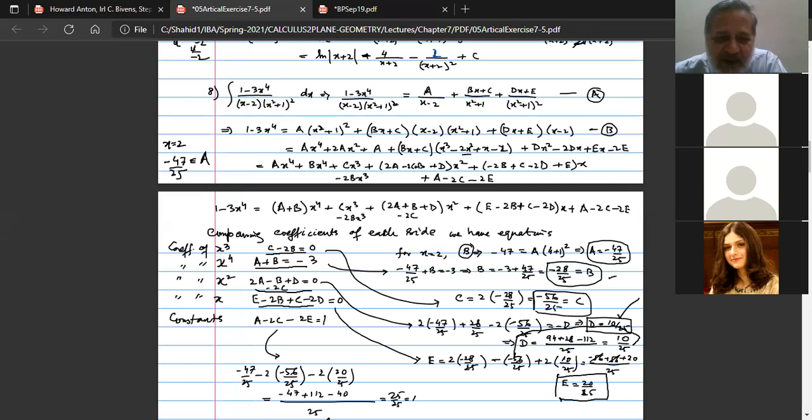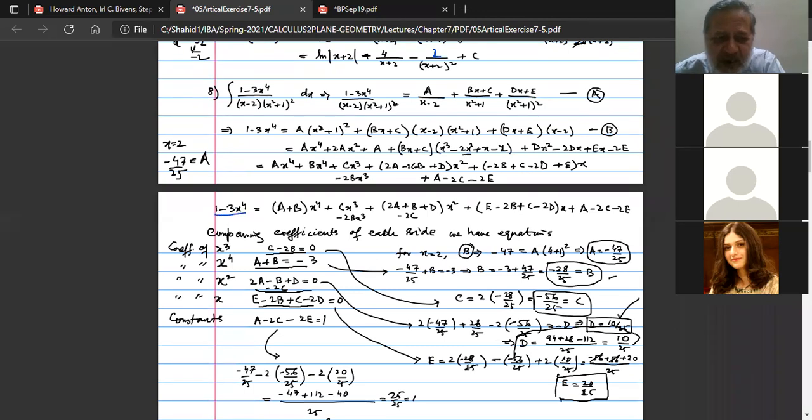Then the principle is that collect powers of terms of same power. So x power 4 has this coefficient, x power 3 has coefficient c minus 2b. After doing all that algebra, x square has this coefficient, x has this coefficient, and the constant term is this.